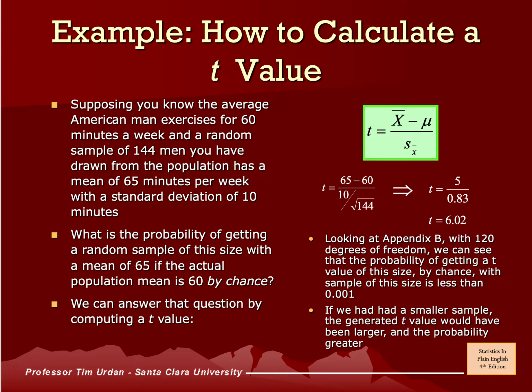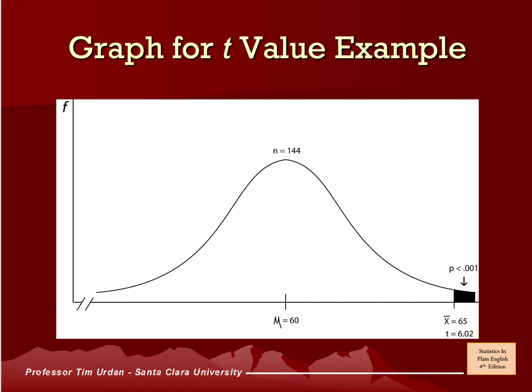If I had a smaller sample, the t-value could have been a lot bigger and the probability would also have been pretty high. So again, if I'm looking in Appendix B at 6.02, I'm virtually at 0. It's highly improbable, which should make sense because here's 65, here's 60. If I'm going to be greater than 65, it's a really small probability.